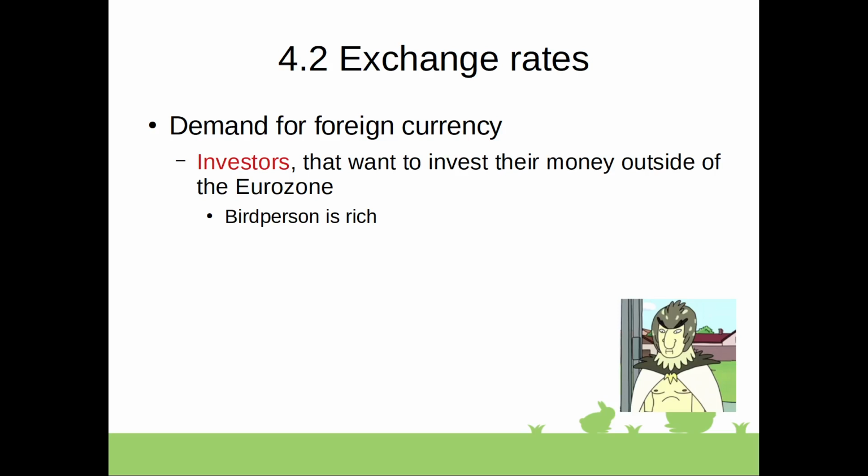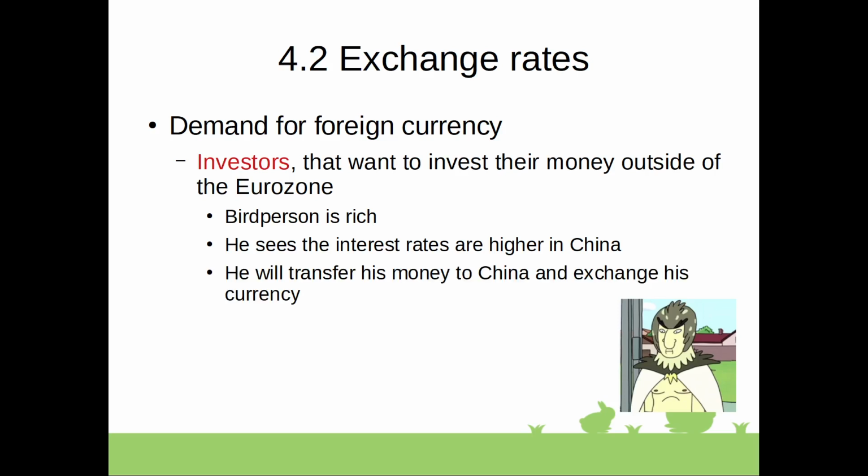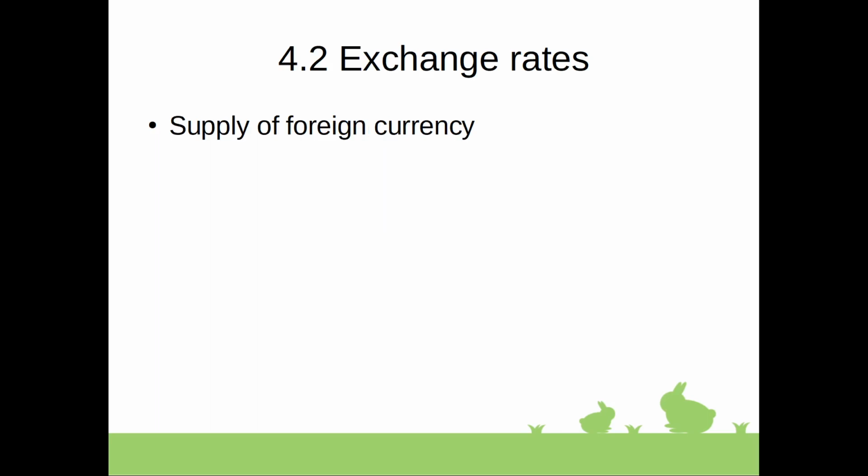Imagine he lives in England or in Belgium, and he wants to invest outside of the Eurozone. He sees that the interest rates are very high in China, so he's able to make more profit over there. This means that he will need to convert his euros to the Chinese currency, and this makes him part of the demand for foreign currency. That's how that works. Not too difficult, I think.